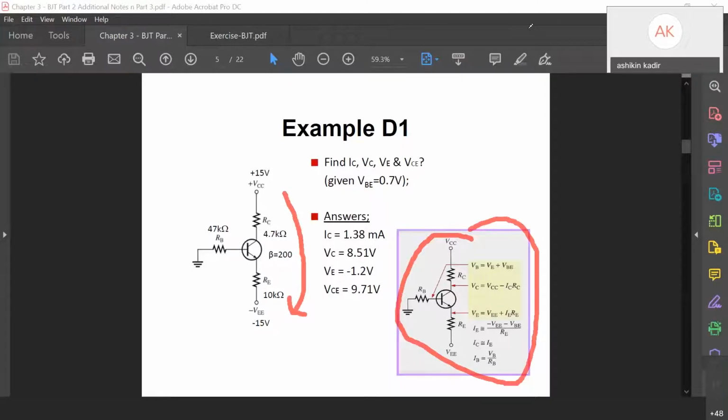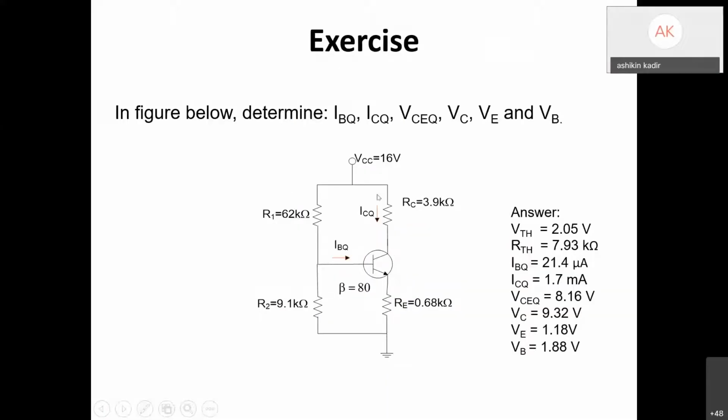One friend asked, is the IC the ICQ? So when you find IC, is IC equal to ICQ? How do you know this? When you apply all the theories, KCL, KVL, the Thevenin theorem, you can find the IC, IB, and all these parameters.